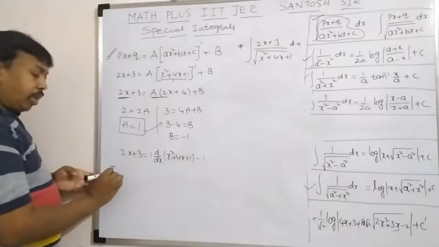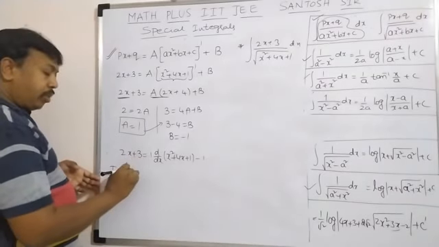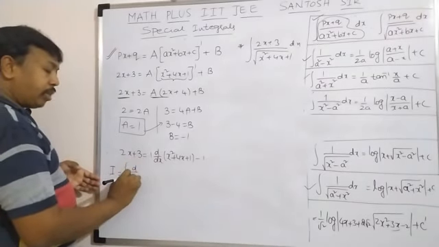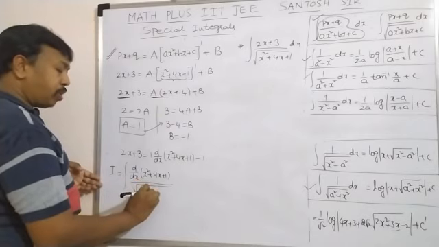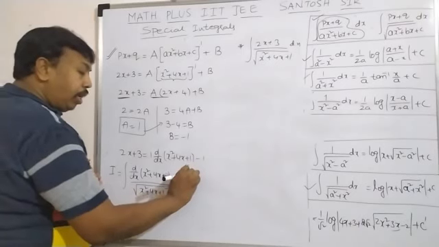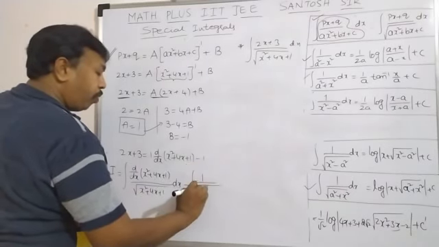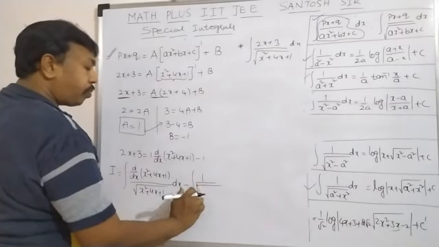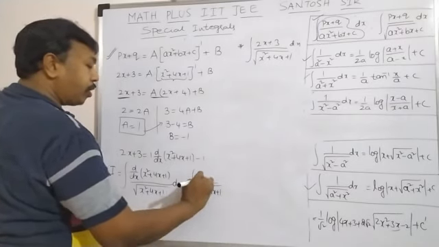Now in the integration I write the entire function like this: the integral of d by dx of x square plus 4x plus 1 upon under root of x square plus 4x plus 1 dx, minus the integral of 1 upon under root of x square plus 4x plus 1 dx.